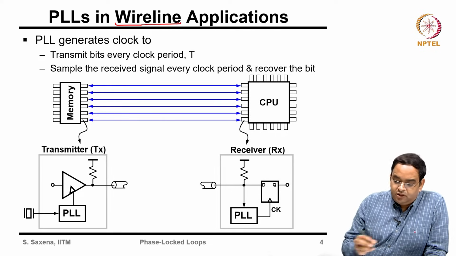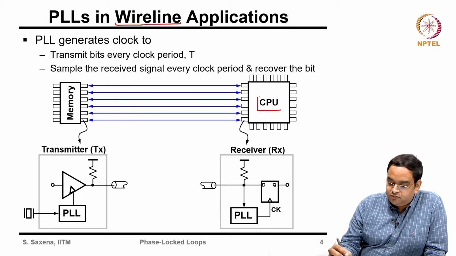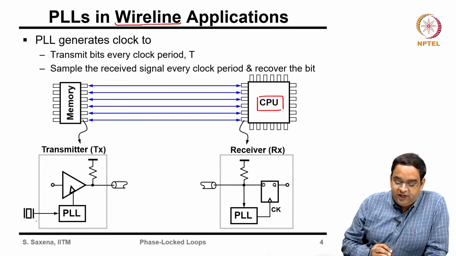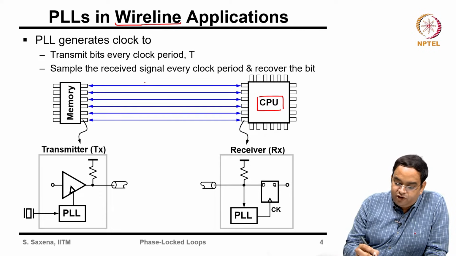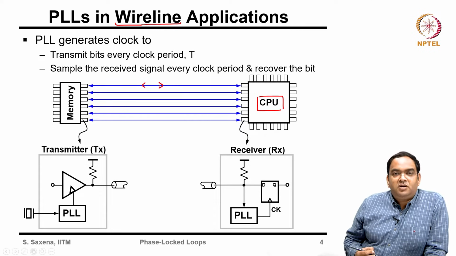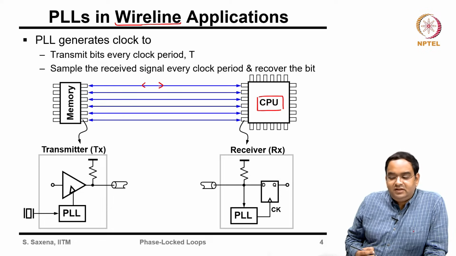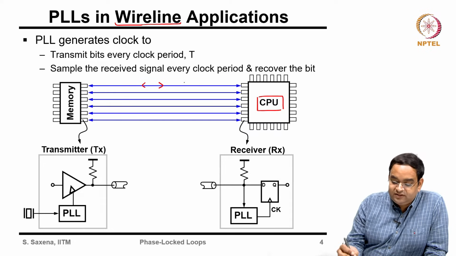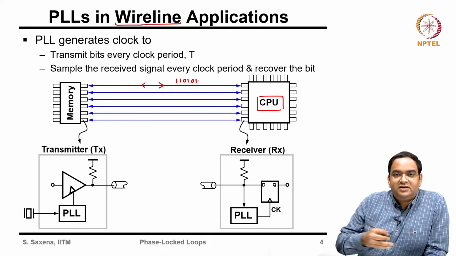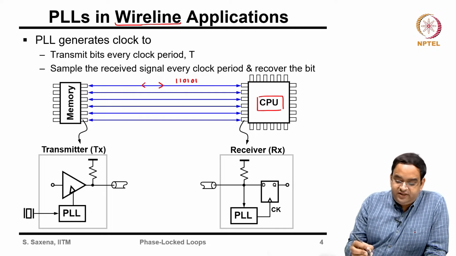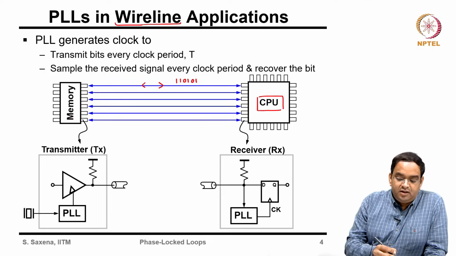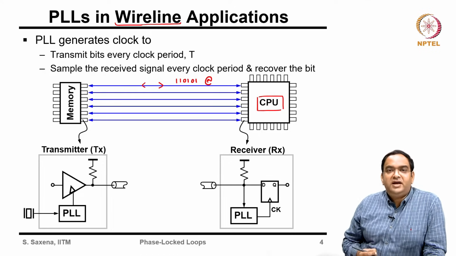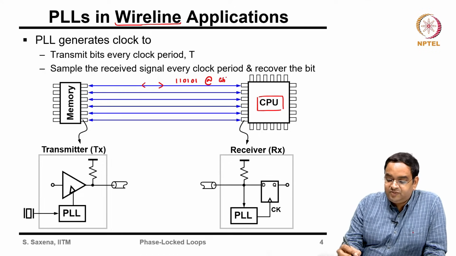Okay. So, you have a CPU, which every smartphone also has, and you have a memory. You have to transfer data from CPU to memory both ways. The bits may be 1 0 0 1, any kind of sequence, but these bits are transferred between the CPU and the memory at a very high rate, running in gigabits per second.